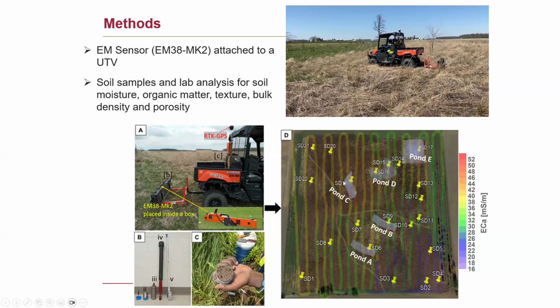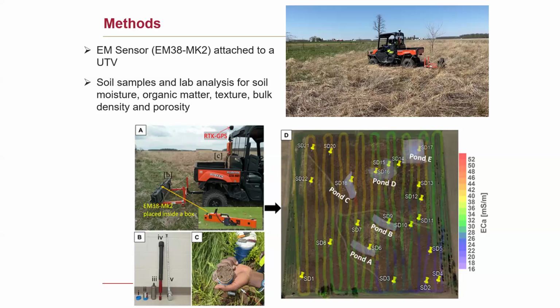So what I want to be showing you today is really the result of electrical conductivity distribution at this site that we measured. Now, in addition to the electrical conductivity measurement, we also took soil samples, which you're seeing here labeled SD1 to SD22. They are just soil locations where we collected soil samples using the bulk density sampler that allows us to take soil samples to the laboratory and do some physiochemical analysis to come up with texture, organic matter content, and measure the moisture content in the laboratory.